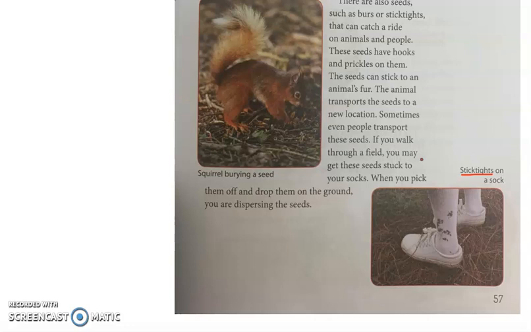However, there are a lot of spiky plants on the ground, and whether you know it or not, sometimes they stick on your socks, just like this picture. Sometimes it's very ouchy because it's very spiky, and the moment you take it off from the socks, you're moving the seed from one location to another location. So that's also another example of dispersing.